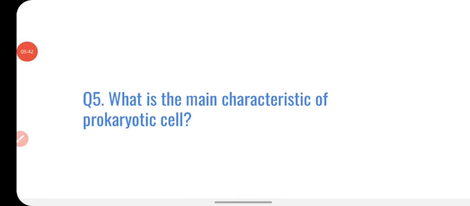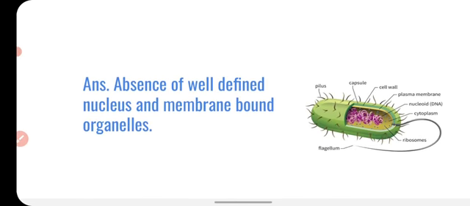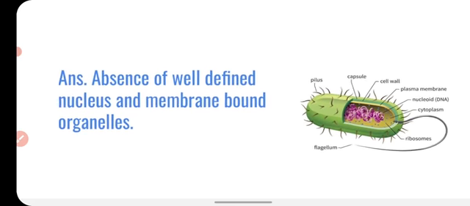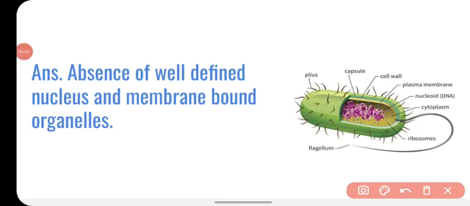Now the next question is, what is the main characteristic of prokaryotic cell? The main characteristic of prokaryotic cell is the absence of a well-defined nucleus and membrane-bound cell organelles. You know that prokaryotic cells are those cells which do not have a well-defined nucleus. They simply have the genetic material floating in the cytoplasm, and they do not have membrane-bound organelles like mitochondria, Golgi apparatus, endoplasmic reticulum.